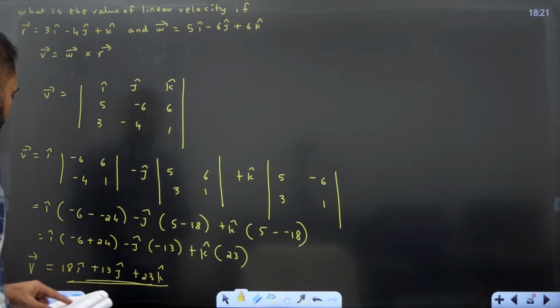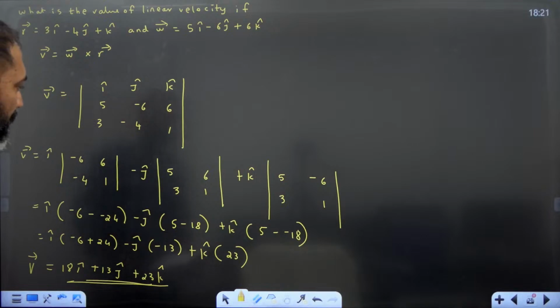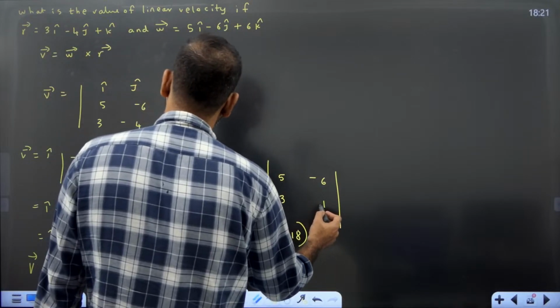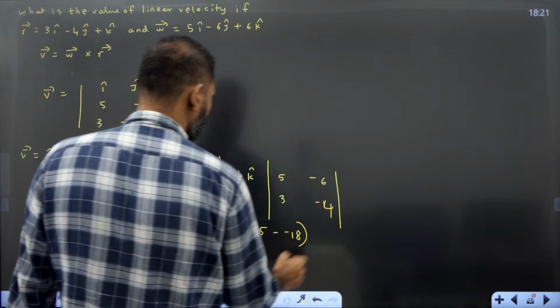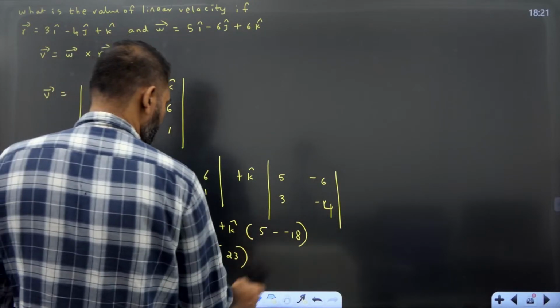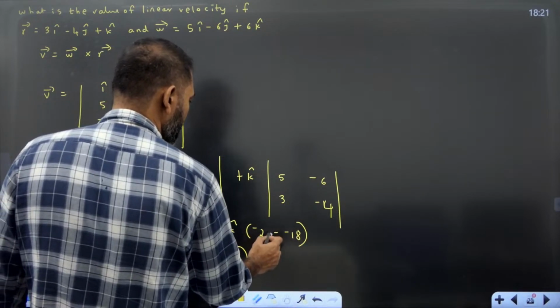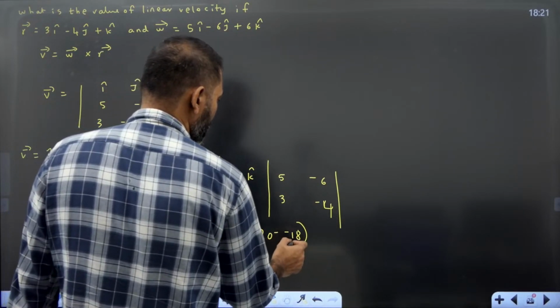18 i cap plus 13 j cap. I think there is some mistake. K cap side, 5 minus 6, 3 minus 4, sorry. So 5 into minus 4, minus 20, minus 18.